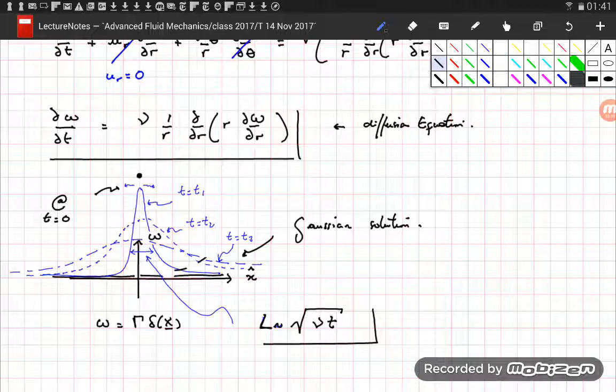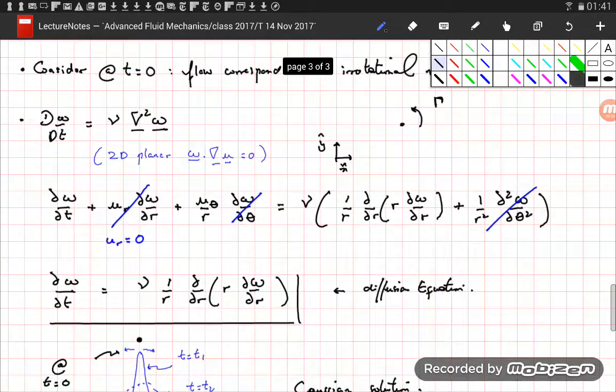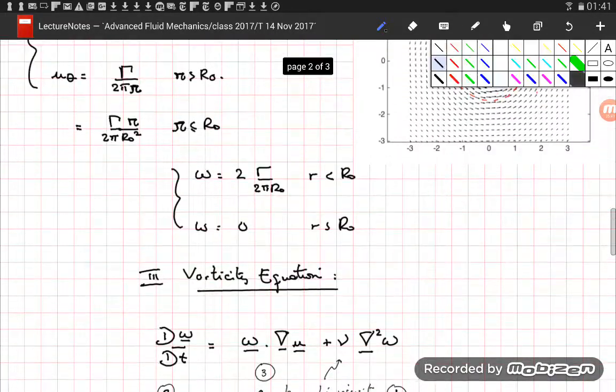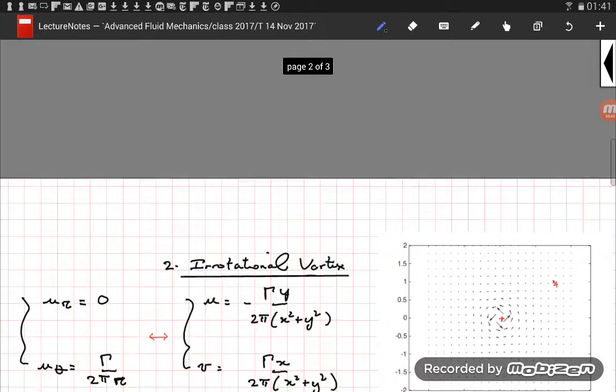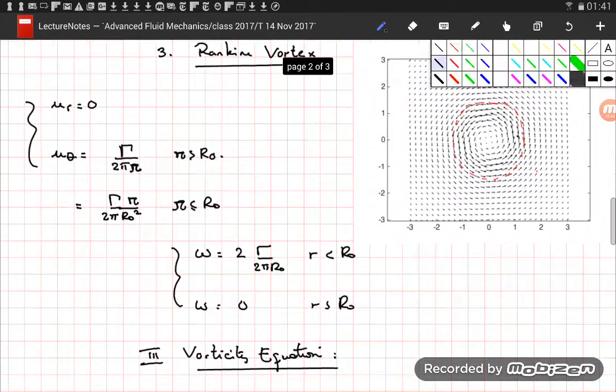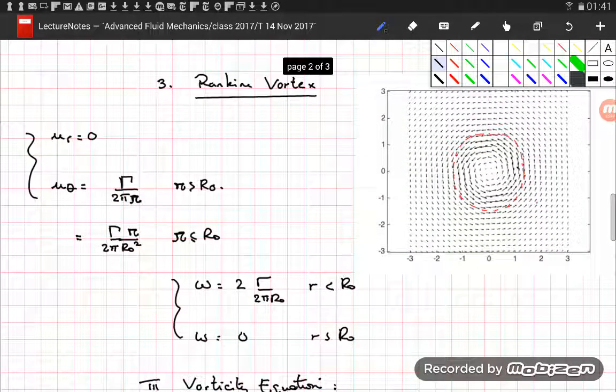If you assume the flow now to be viscous, then in that case the vorticity diffuses. So if we go back now to the image of the Rankine vortex, you could model a real vortex as an irrotational vortex.